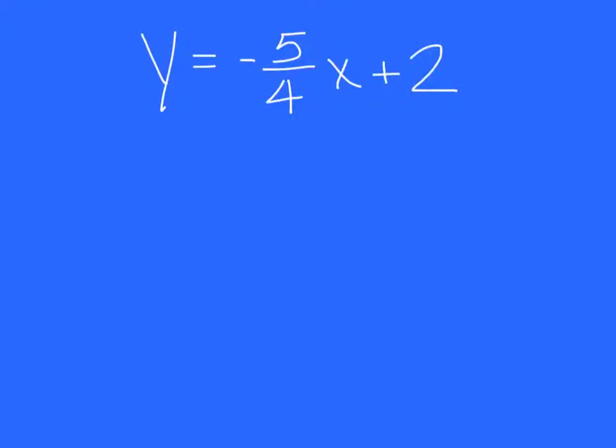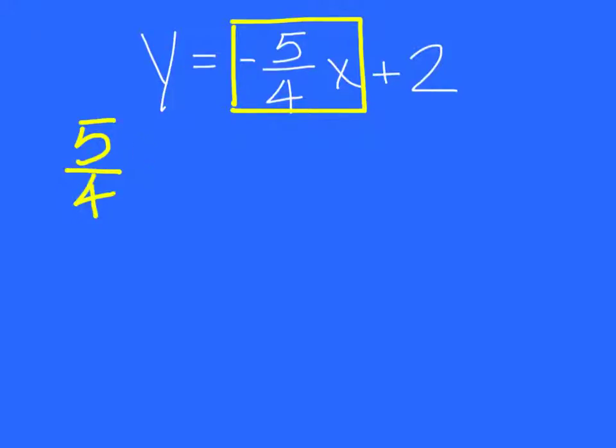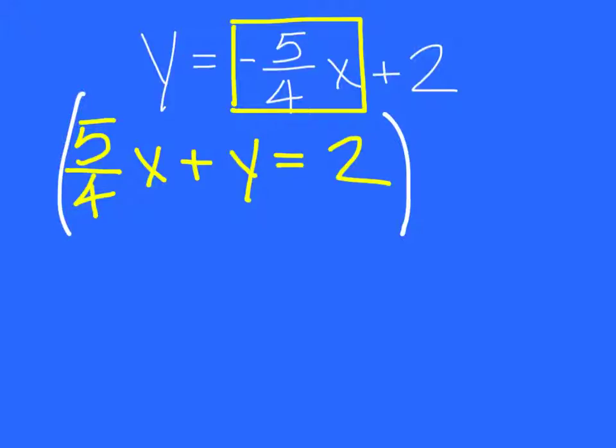Example 4. Y equals a negative 5/4 x plus 2. Move this x term to the left and change the sign. Now the a term is positive, so we don't have to change any signs, but we do have to multiply the entire equation by what? 4.